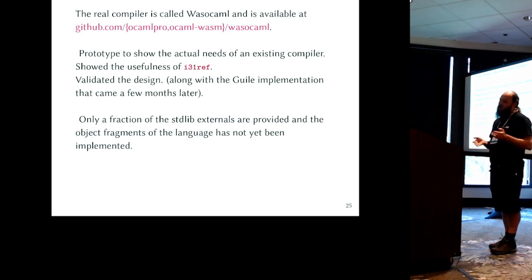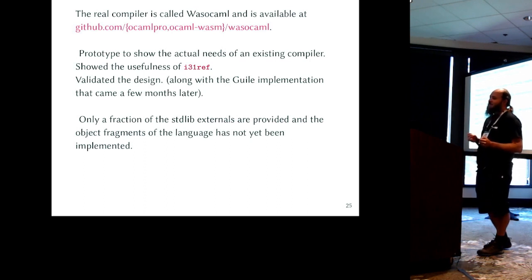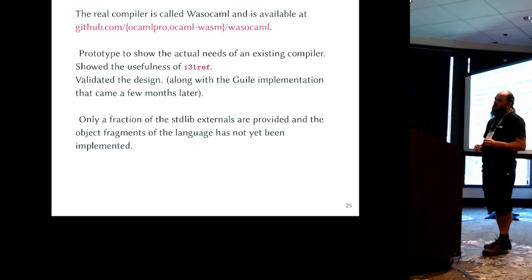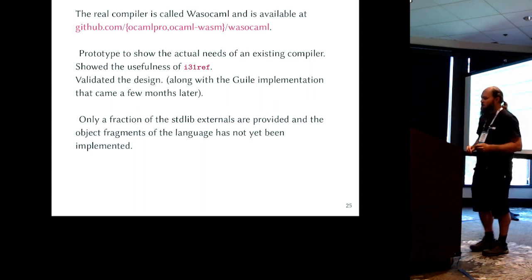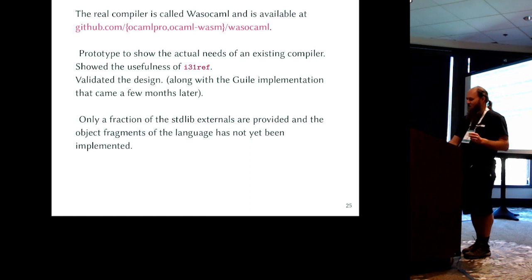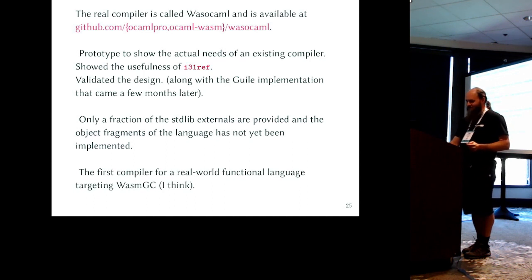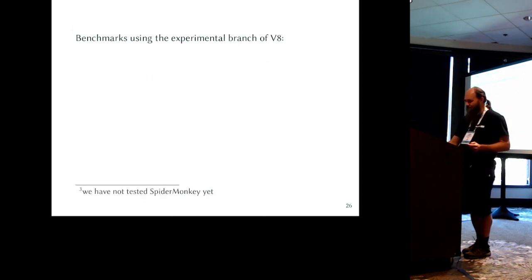No, and in fact, it wouldn't be difficult. We just didn't do it. But we didn't do the standard library. We are going to steal the one from Wasm-GC from Jérôme Vouillon. And that will be a lot simpler than actually writing it.